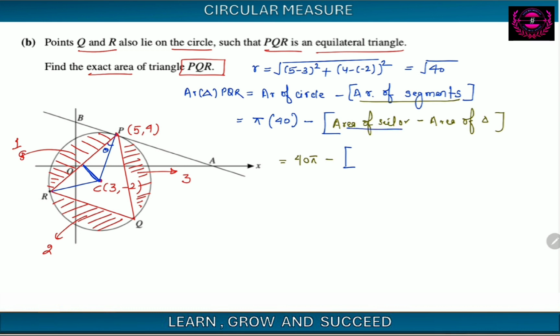So the area of the sector is half r square theta. Half, the radius is root 40, so r square will be 40, and theta, look, this angle theta will be 2 pi by 3.